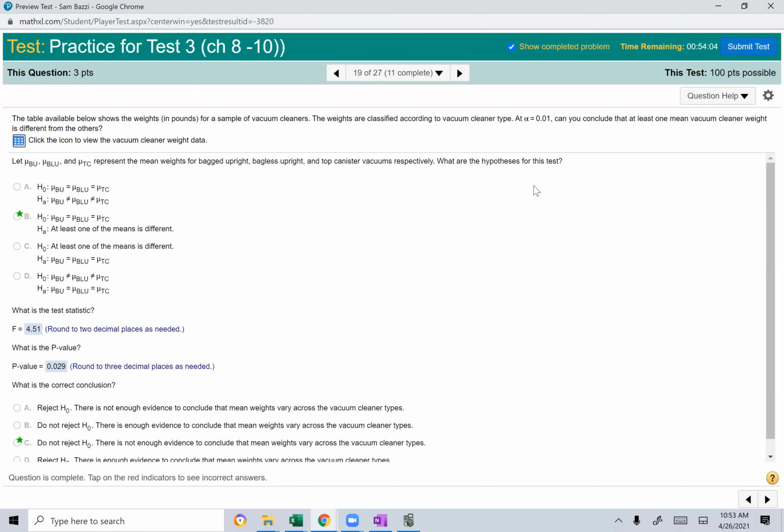So this is how I taught you to do this. H0, guys, will always be mu1 equals mu2 equals mu3. And then HA will always be this statement. Don't change it in any question in chapter 10.